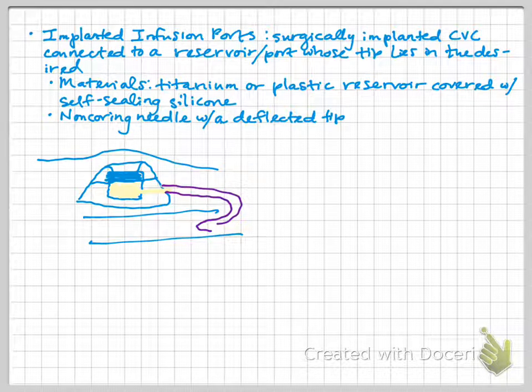This is used for patients who require long-term therapy. This is embedded within that subcutaneous tissue, and it's usually found in the upper corner of the chest on patients. So if that didn't do it for you, that picture's in the book.